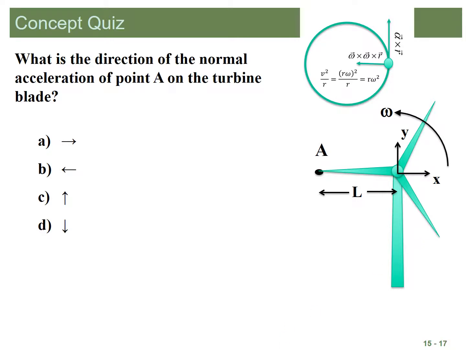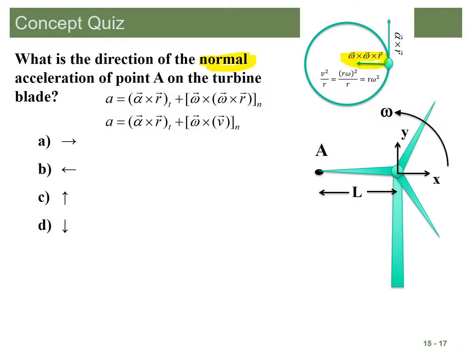Here what we have is this, the normal piece, omega cross r. Remember the omega cross r piece of it, that's your velocity. And we already got our velocity, so let's just do a cross product with our velocity, because then that's just one cross product to do.